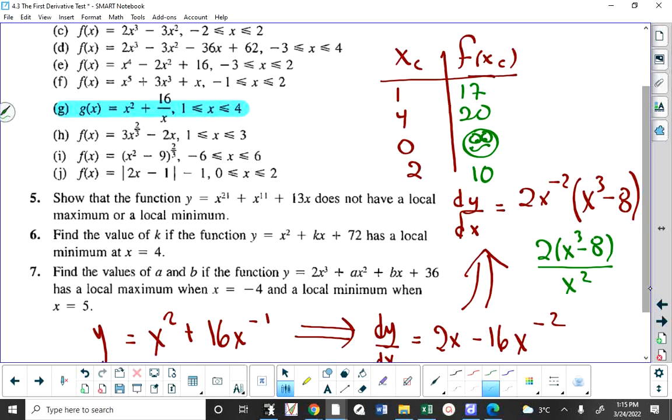I think they're fine. So assuming those are the correct numbers, the absolute maximum value of the function is 20, and it occurs at the critical value of x of 4. And the absolute minimum of the function is 10, which occurs at a critical value of x of 2.